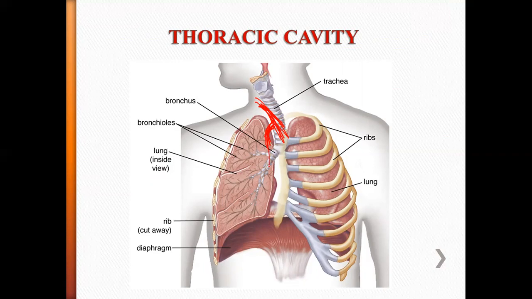Then, as the continuation of the arch of aorta, the descending aorta will be running behind the trachea. From the descending aorta, on the right side and left side, arteries arise. On the right side, one artery arises: that is our right bronchial artery.